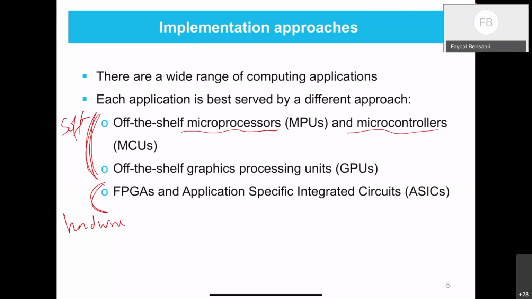We just write C++ code or C code or whatever language we use, and then we just run it on. So the code that we write are the instructions for this microprocessor or microcontroller to be executed, and that's it. We don't need to worry about the hardware. We don't need to know what we have inside this microcontroller or microprocessor.